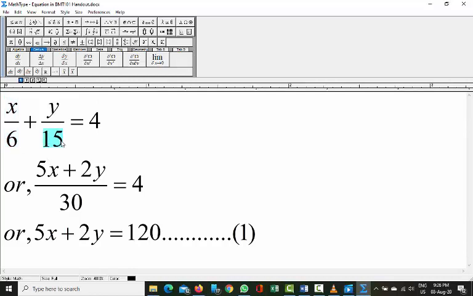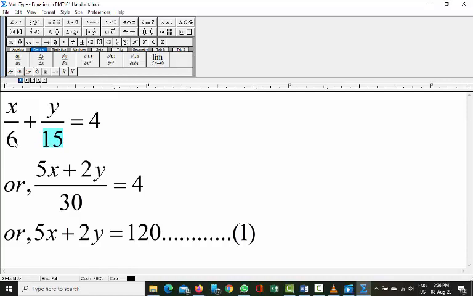So we need to find out the LCM, least common multiple. In Bengali we call it Loshagu. If you want to find the LCM between two numbers, always first deal with the higher number. Just ask yourself, can you divide 15 by 6 without any remainder?